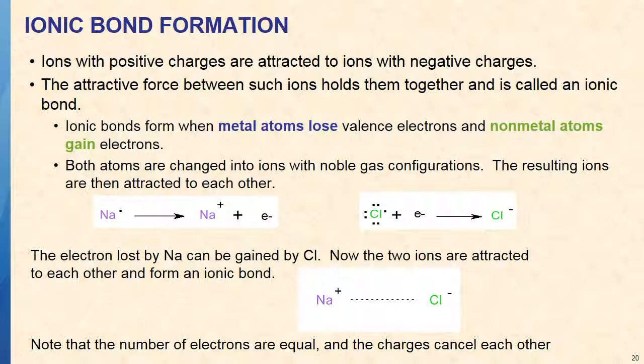It's when 2 ions are attracted to each other. One thing that you might notice here, we'll talk about names in just a minute, is that when they're attracted to each other, in this case a +1 and a -1, the charges will cancel each other, and that's going to be an important feature that we'll look at on the next set of slides.